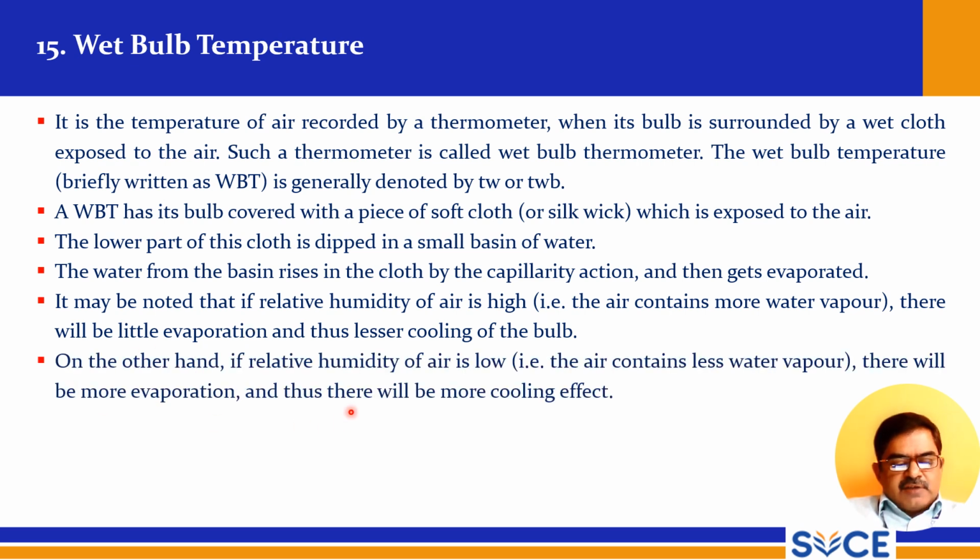On the other hand, if the relative humidity of the air is low, the air contains less water vapor, there will be more evaporation and thus more cooling effect. So when the relative humidity of air is higher, there will be lesser cooling effect, and when the relative humidity of air is lower, more cooling effect can be observed.